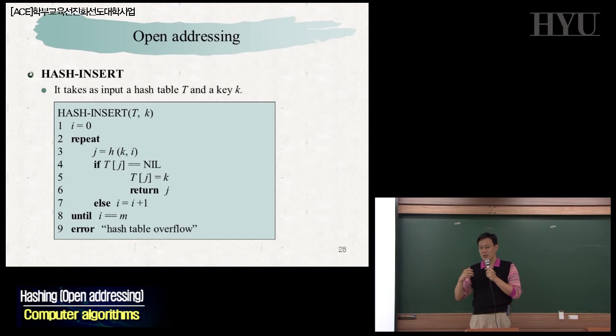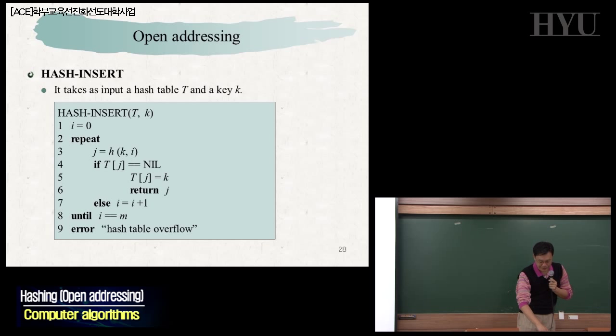But if it isn't empty or occupied, then we have to check or probe the next slot. But if we probed all the slots and there was no empty slot, then it means the hash table is full.